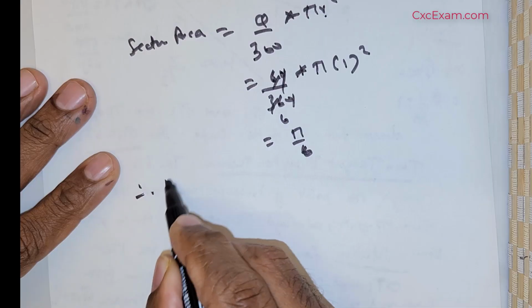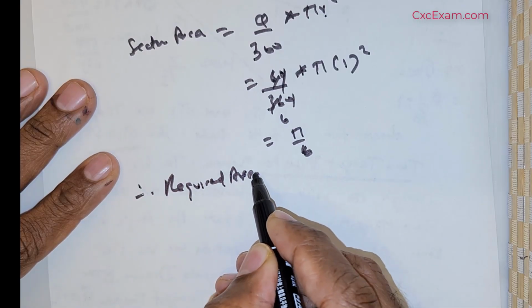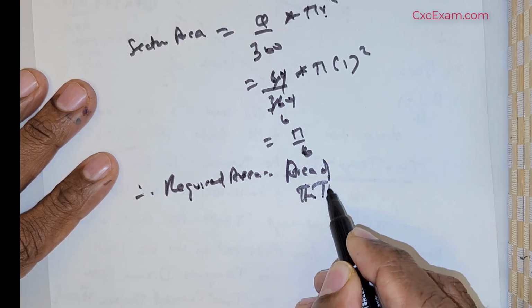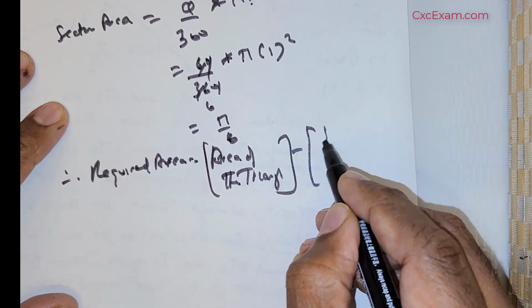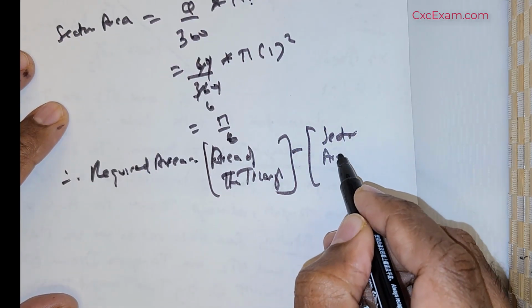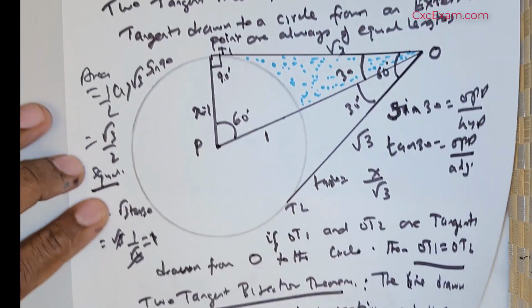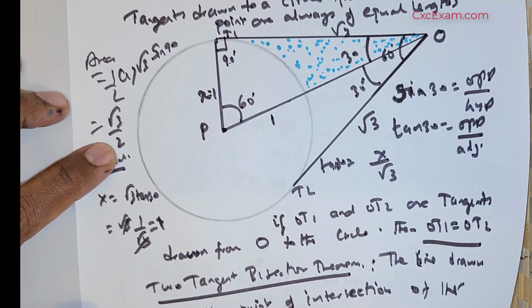So therefore the required area is the area of the triangle, from which we subtract the sector area. So triangle area is root of 3 over 2, right?